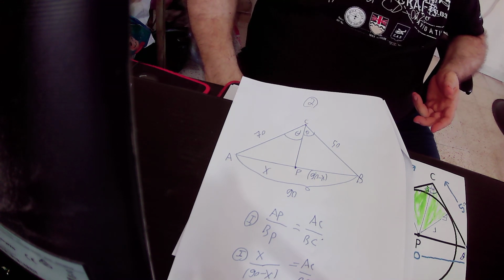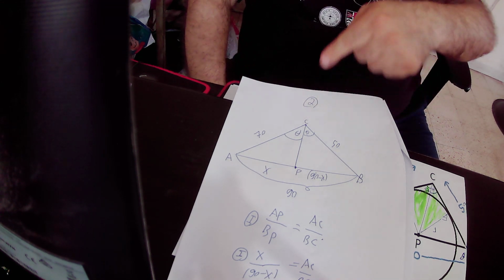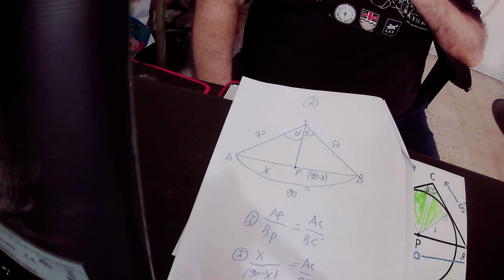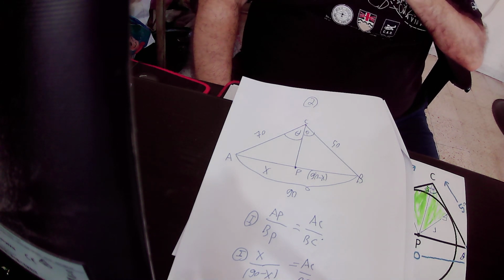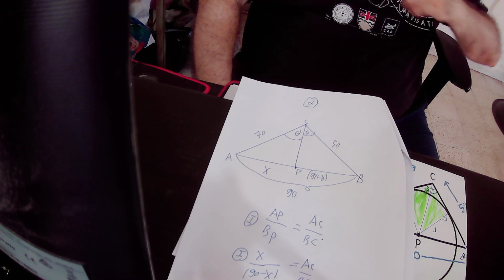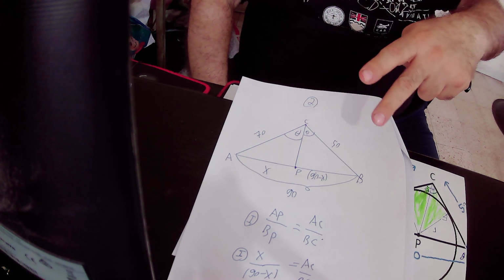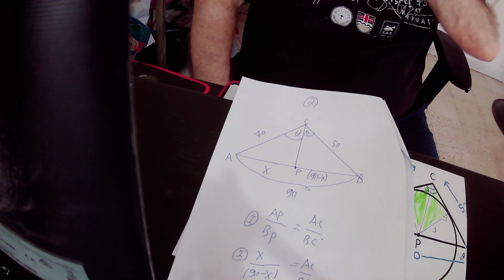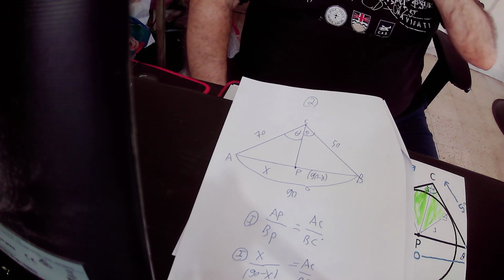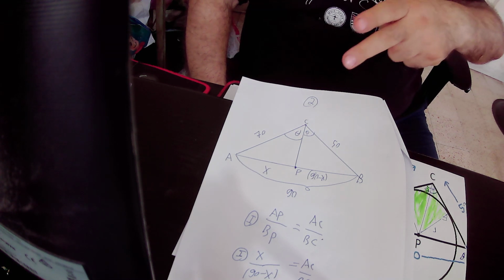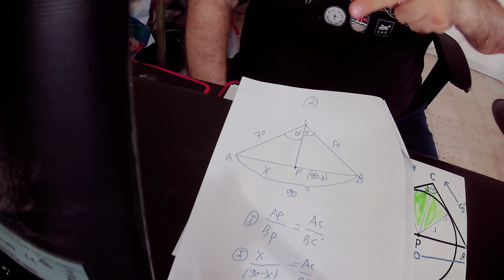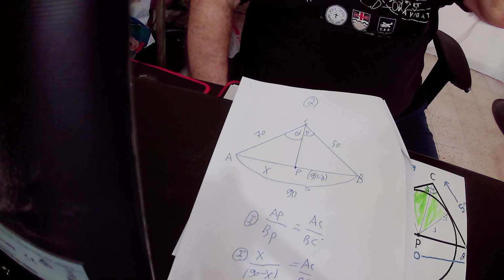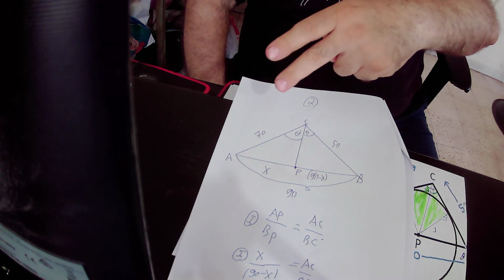So PC is the angle bisector, and this PC divides side AB in the triangle in the same ratio as the ratio of the angle's sides.